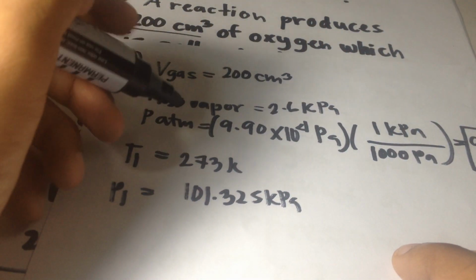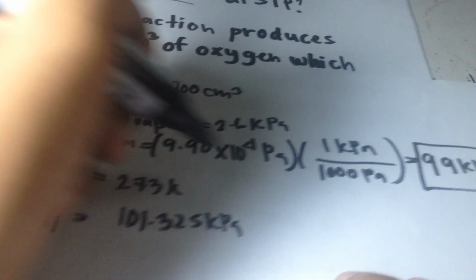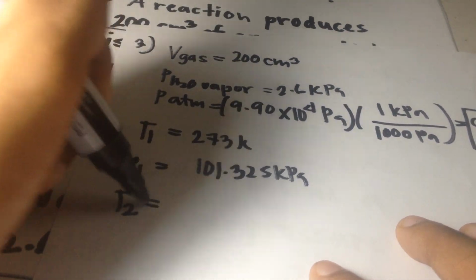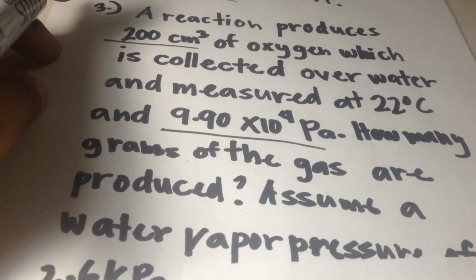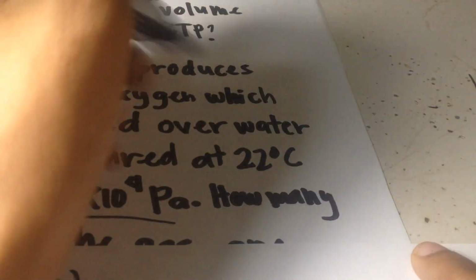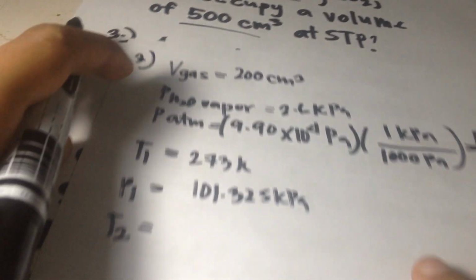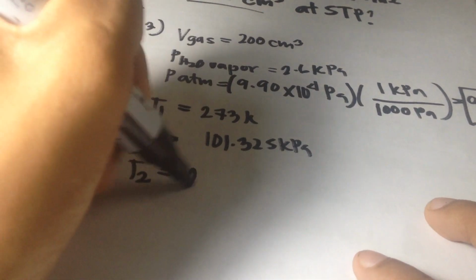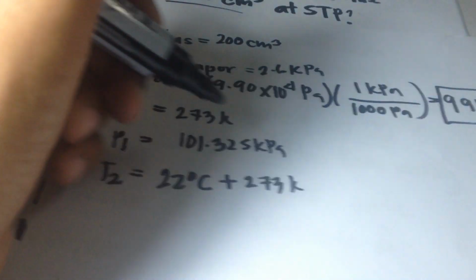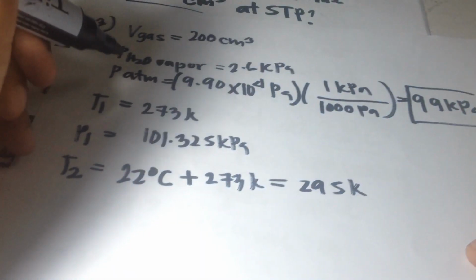And then the temperature 2 is 22 degrees Celsius. 22 degrees Celsius plus 273 Kelvin is equal to 295 Kelvin. Okay?